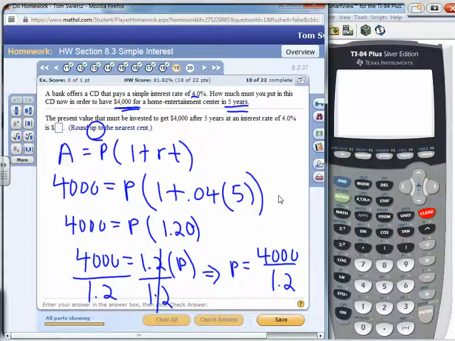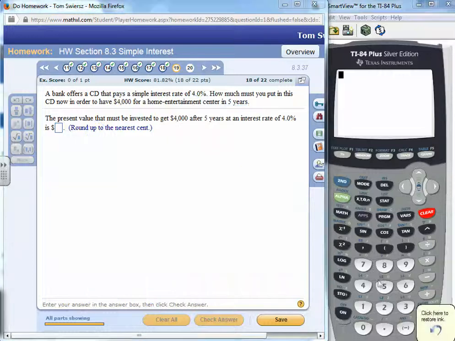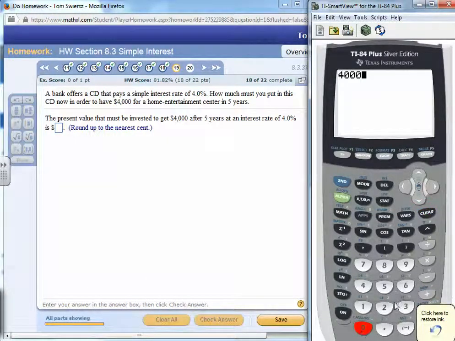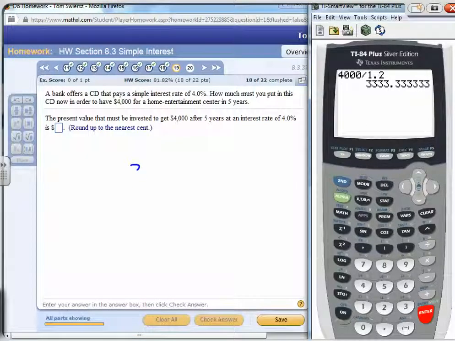So 4,000 divided by 1.2, $333.33. But remember, rounding up, so even though to the nearest cent the third decimal is still a 3, we're rounding up.